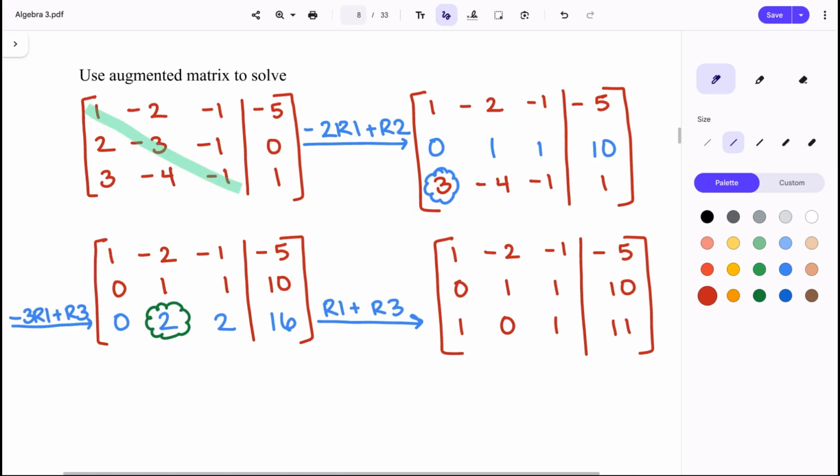Okay, so I got that 0 there, but now I'm kind of stuck again because I need to make this one a 0. So let's think about how we could do that without impacting my 0 in the middle there.